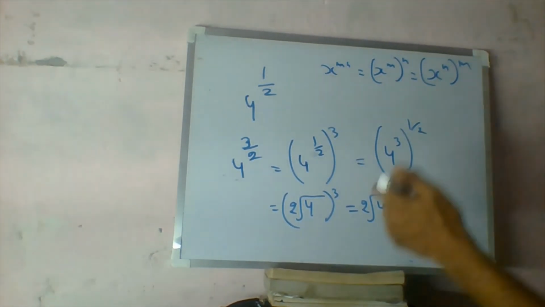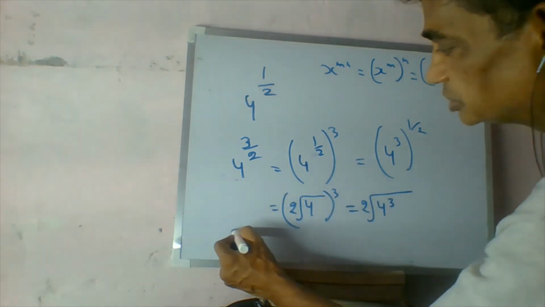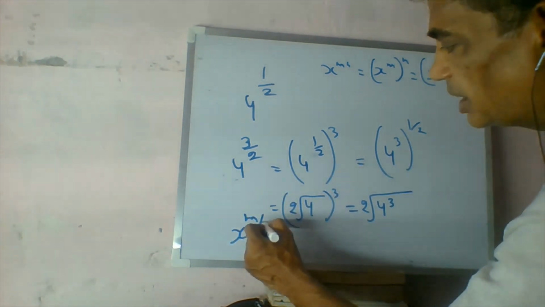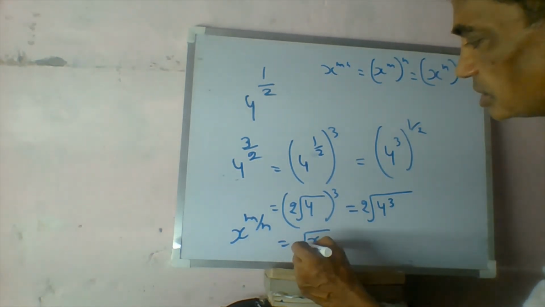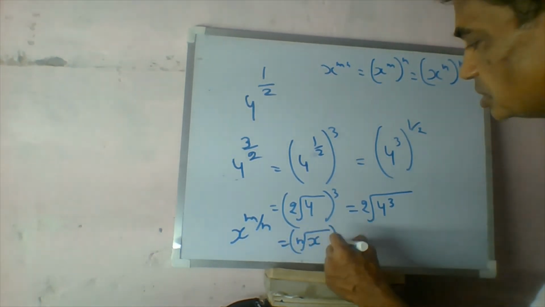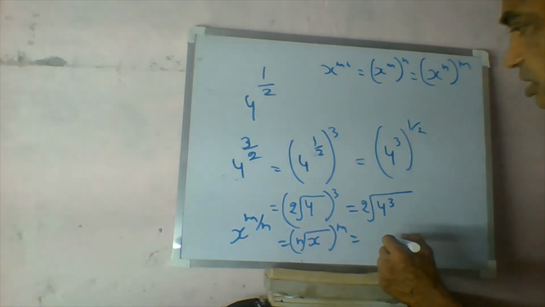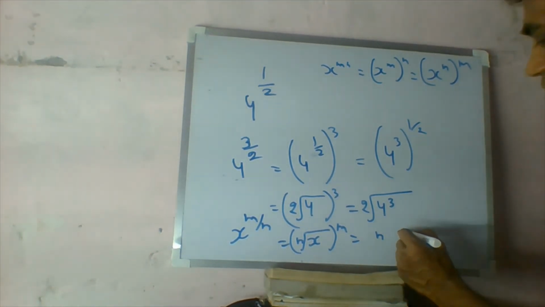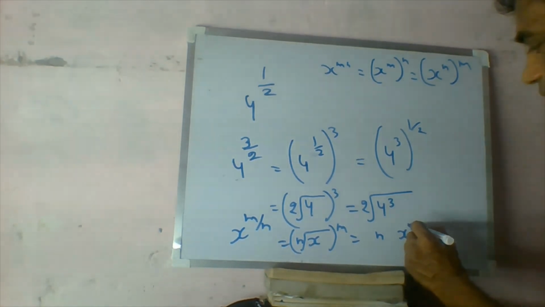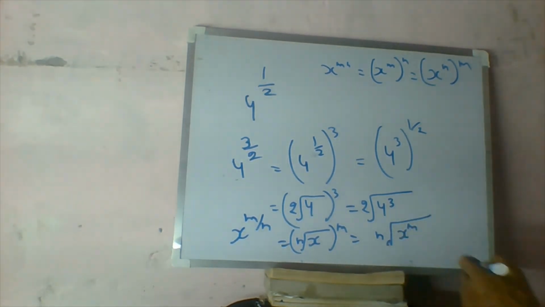This gives us, if it is x raised to power m by n, we can write it as the nth root of x raised to m, or the nth root of x to the power m. Note down, it is very important.